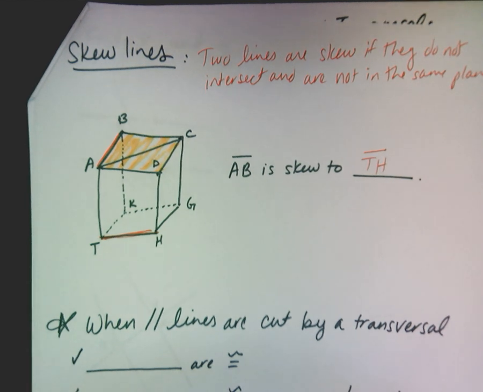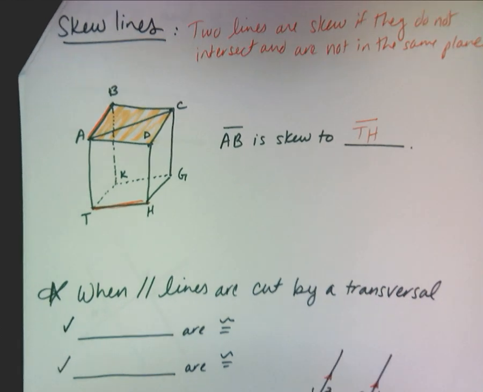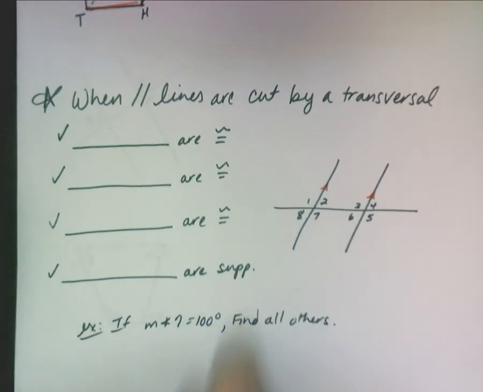Now, let's go back to this idea of parallel lines and a transversal because something special occurs. And all of these are properties and definitions that are going to help us with our proofs tomorrow. Woohoo! What happens when we have two parallel lines and we cut them by a transversal is amazing. And this is all over the SATs, the ACTs, guys.